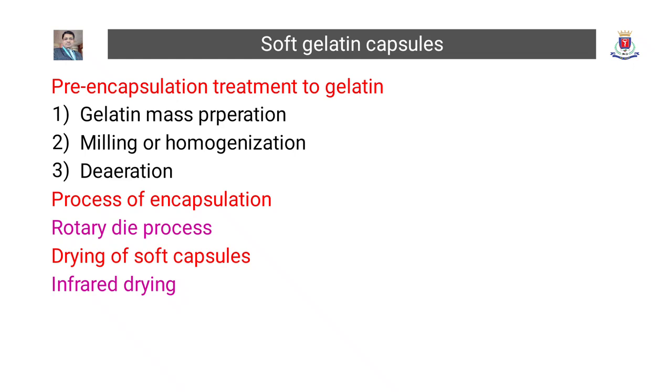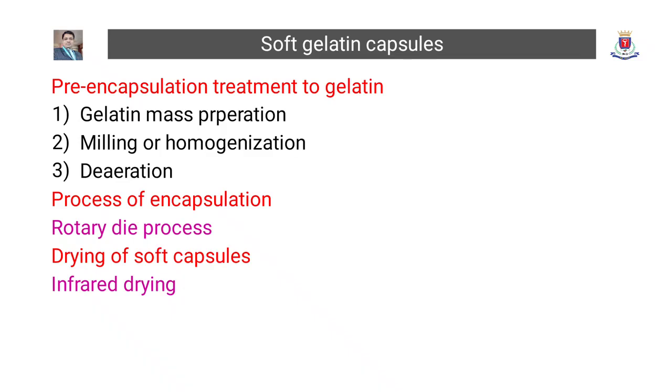Gelatin mass is prepared by the gelatin preparation department. The optimum viscosity of the gelatin mass is maintained. The gelatin is weighed on the scales and mixed with the accurately metered and chilled liquid constituents in suitable equipment.